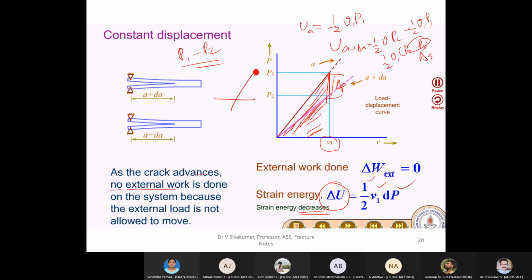In the previous case, it is positive. Why?